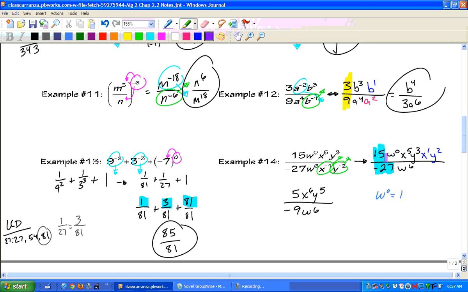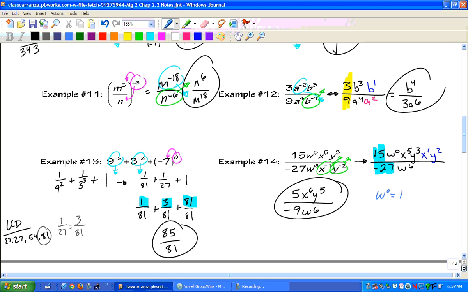W to the 0 is 1, so 15 times 1 is just 15. 15 over negative 27, if you divide both of those by 3, you get negative 5 over 9. X to the 5th plus x to the 1st is x to the 6th, and y cubed plus y squared gives us y to the 5th. And that is our final answer.